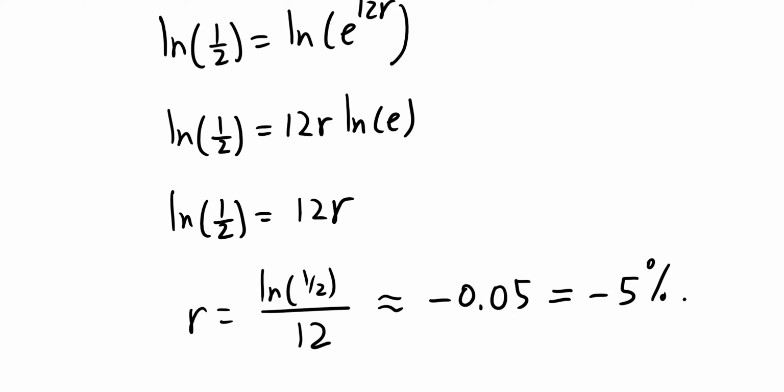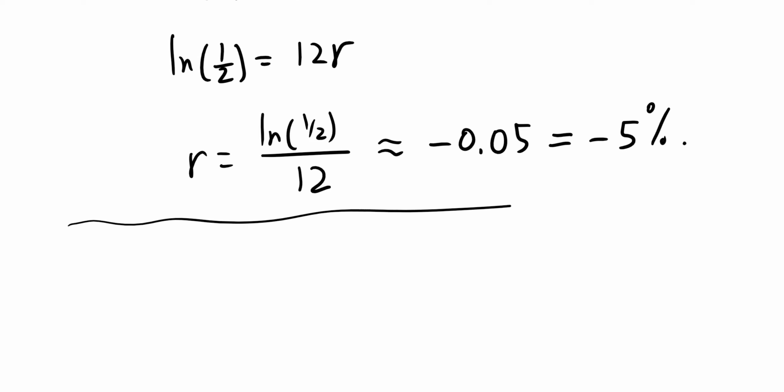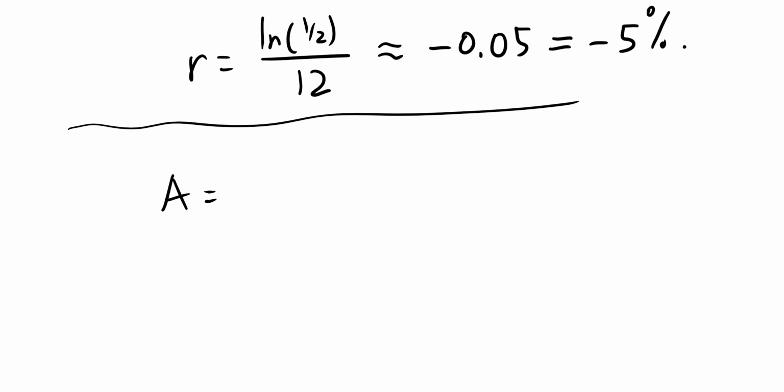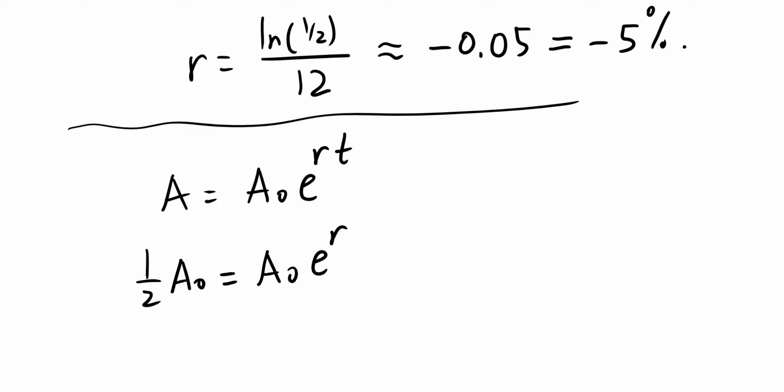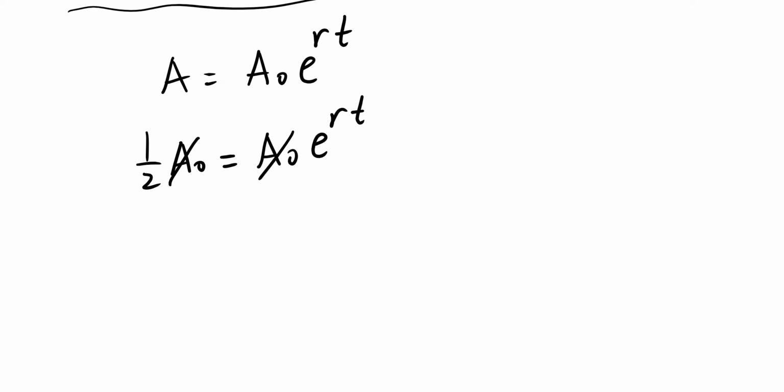In general, if you like to see this, A equals A sub 0 e to the rt. That's the main equation. Remember, A is going to become 1/2 A sub 0. So that's A sub 0 e to the rt. If we divide by A sub 0, this will go away, and we get 1/2 equals e to the rt.